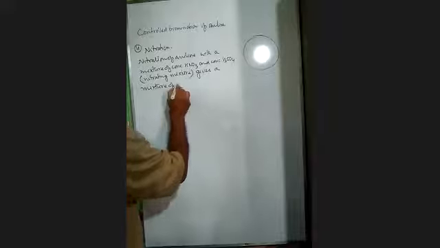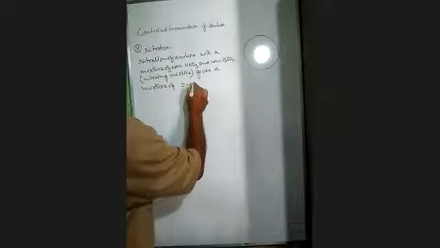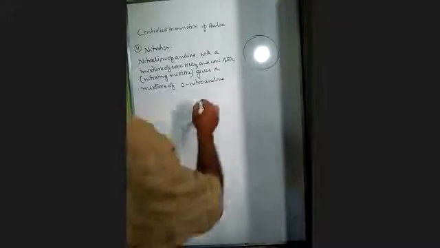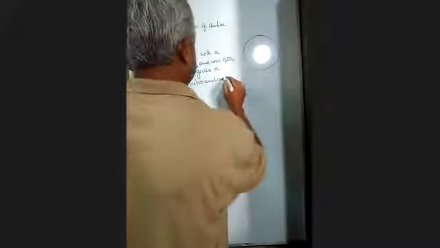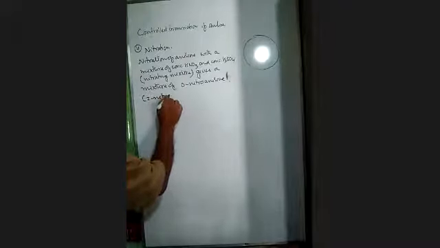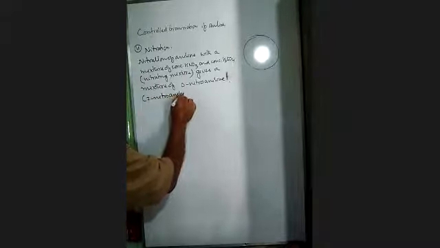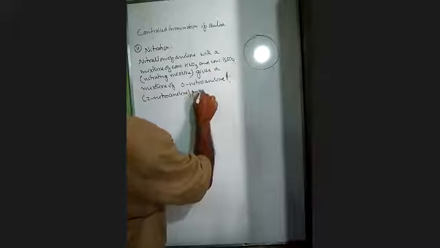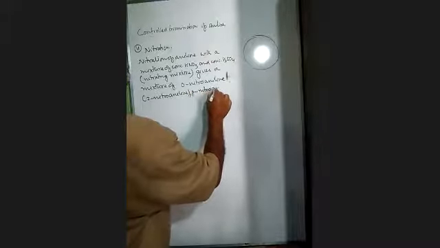Mixture of ortho nitro aniline. Ortho nitro aniline is called what? Are you listening? It's called 2-nitro aniline. So by theory, it's supposed to give ortho and para. Then para nitro aniline.